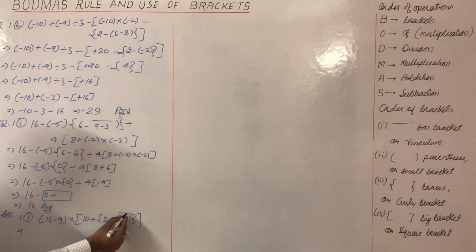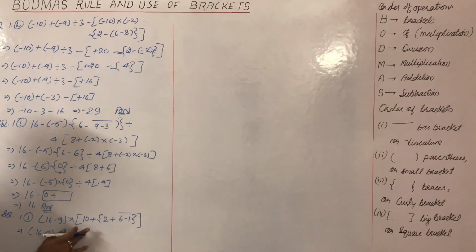So first, I think we should solve for the bar bracket. 16 minus 9 into 10 plus curly bracket 2 plus 6 minus 1 is 5 and bracket closed.